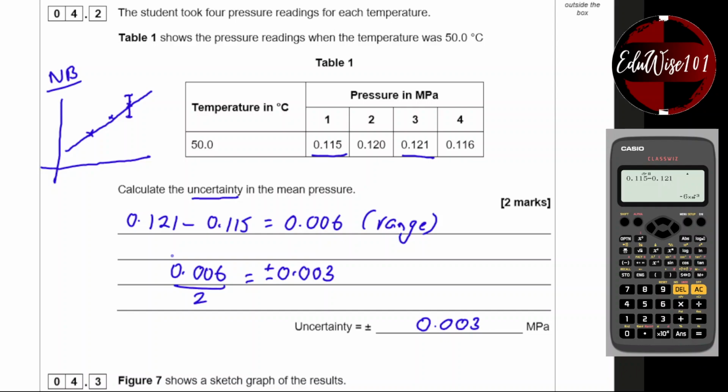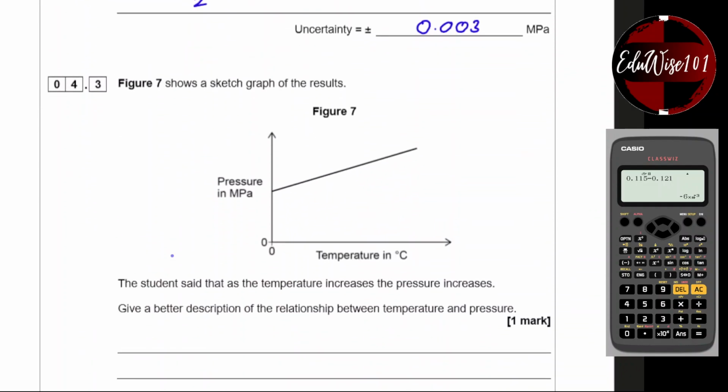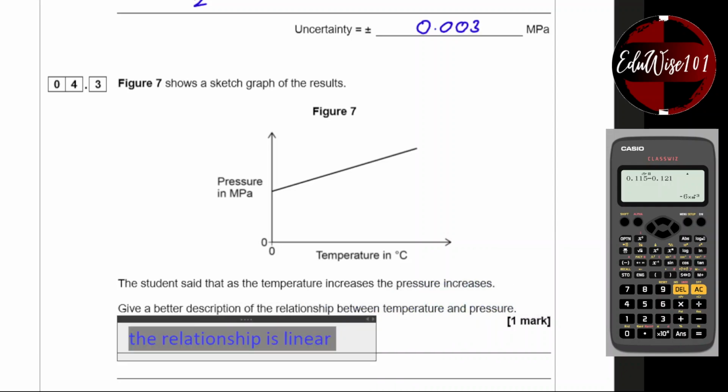Question 4.3. Figure 7 shows a sketch graph of the results. So you have pressure in megapascals, and it's a straight line as the temperature increases. The student said, as the temperature increases, the pressure increases. True. Give a better description of the relationship between temperature and pressure. Because it's a straight line, you could call it a linear relationship. This is exactly what you need to do.